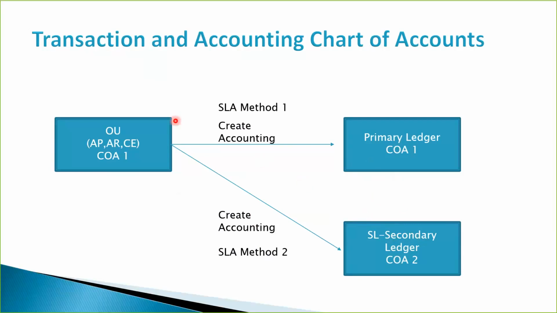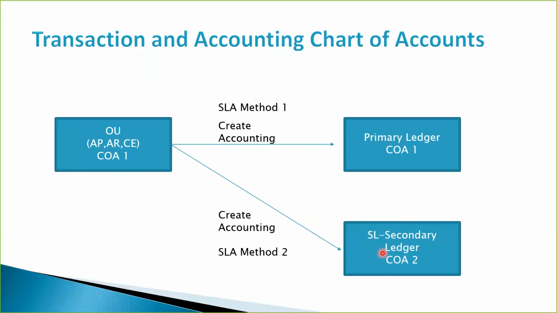When you do create accounting, you'll do it once, and that information will be sent to your primary ledger, and it will also be sent to your secondary ledger. So it's not like you're creating accounting twice, once for your primary ledger and once for your secondary. You do it once, and then create accounting sends that information to your primary ledger, and it also sends that information to your secondary ledger.